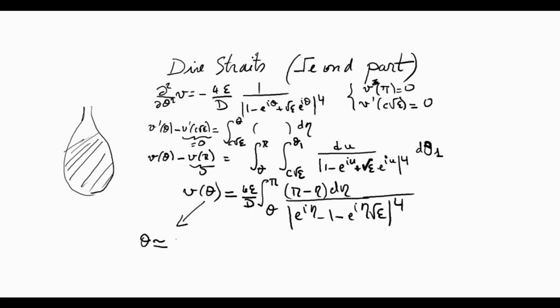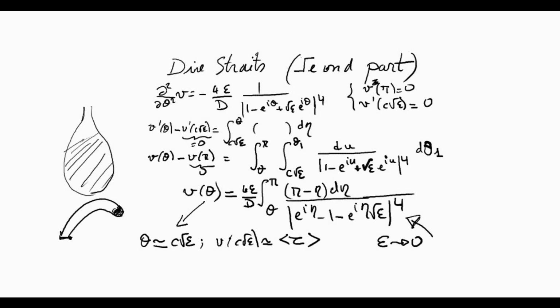And this is equivalent in the mapped domain to any point located in this part here, in this region where the domain is mapped. So for θ equals c square root epsilon, v of c square root epsilon will give us the mean first escape time from such a domain. So what remains to be done now is to estimate this integral when epsilon is small.